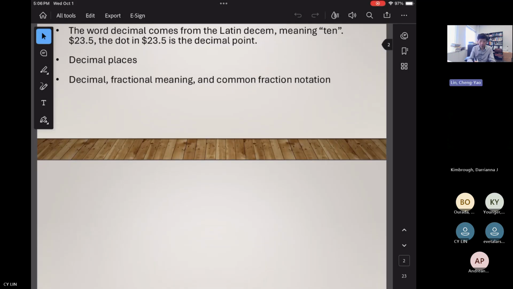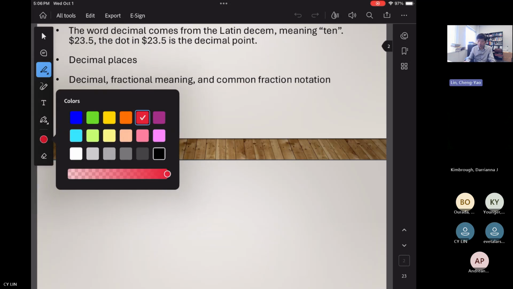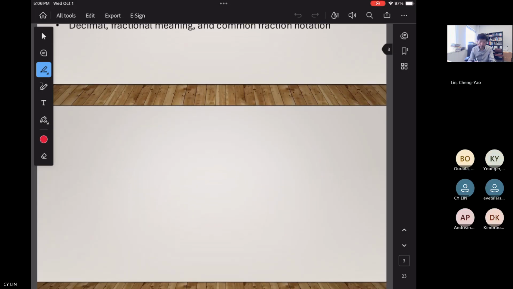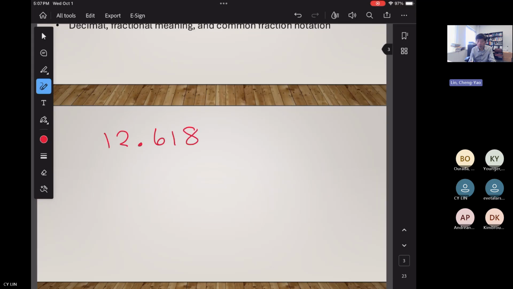So for instance, like this, we have 12.618. What does this mean?